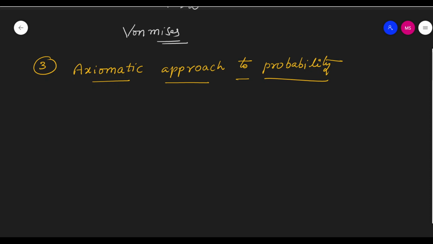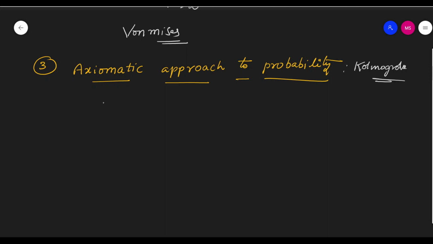This is the third definition. This definition was first developed by Kolmogorov, right? Otherwise called the Kolmogorov definition of probability.